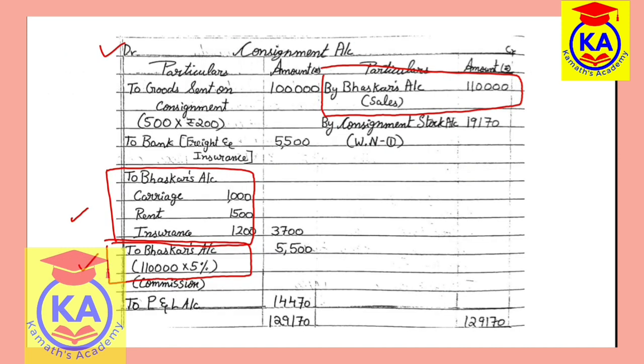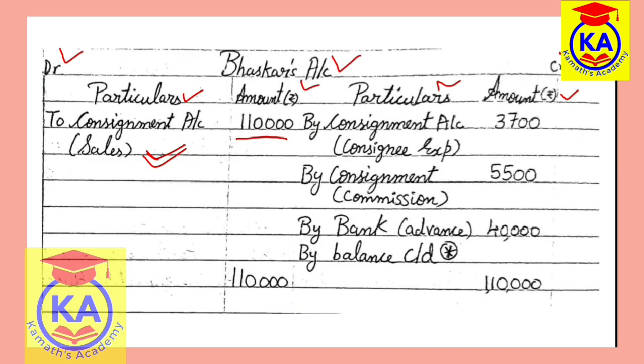Now, in the debit side of the consignment account to Bhaskar's account, that is consignee's expenses, right? So in Bhaskar's account, you're going to write by consignment account, consignee's expenses 3,700.